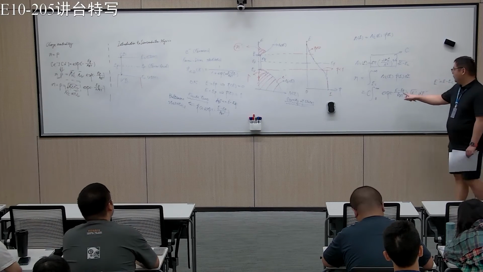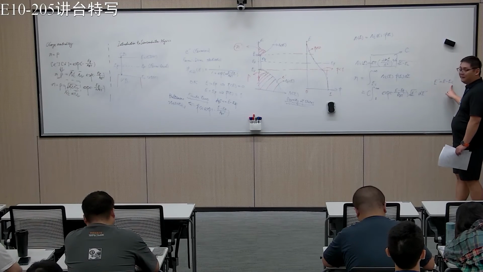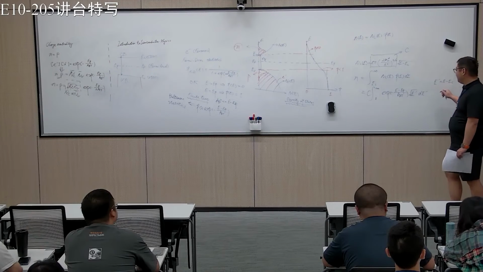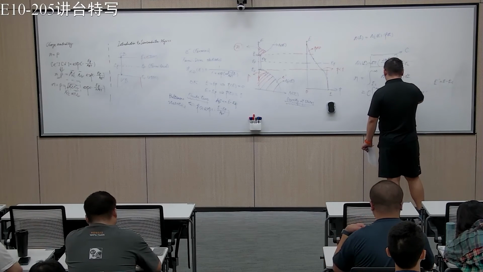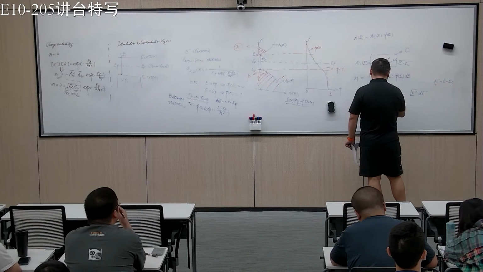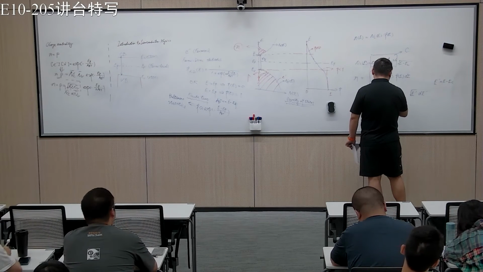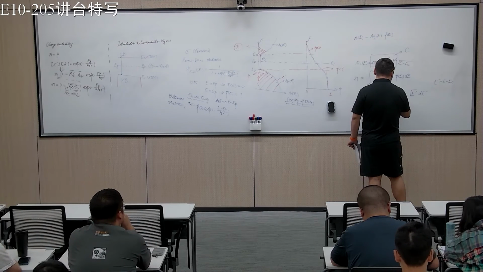What about this part? Now E is E prime plus EC, so it's E prime plus EC minus EF.